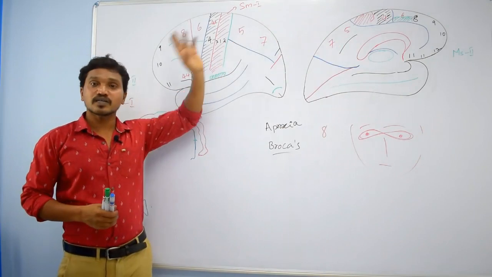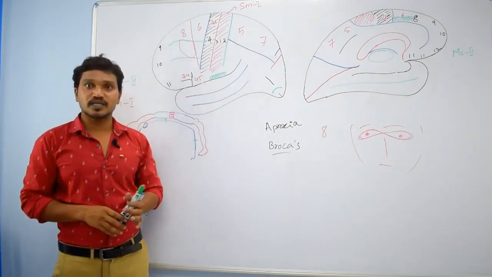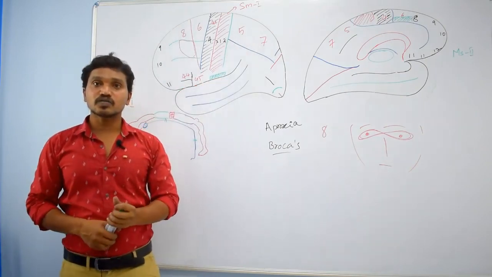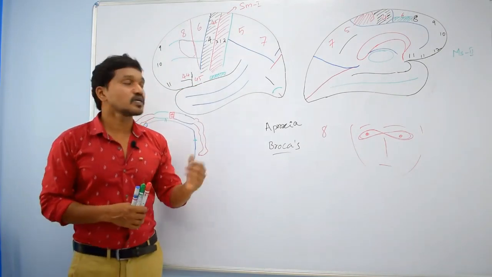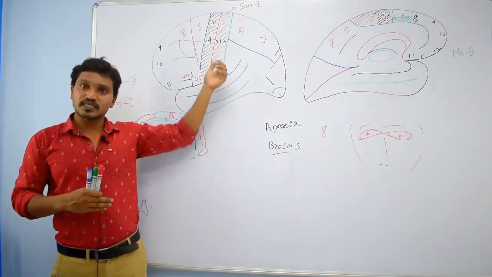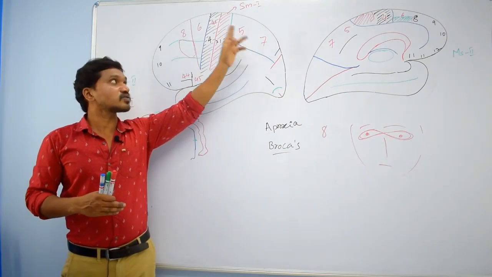So what is the function of it and what do we call this area? Sensory association area. Sensory association regions means they interpret the sensations which have been received. So this is the association area.